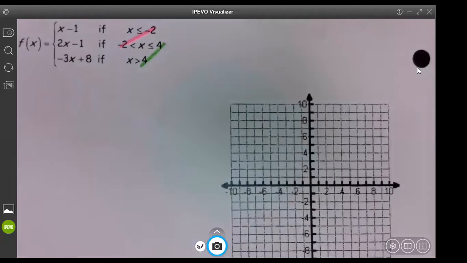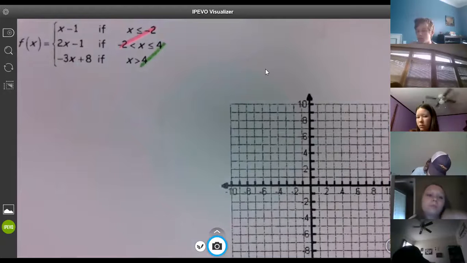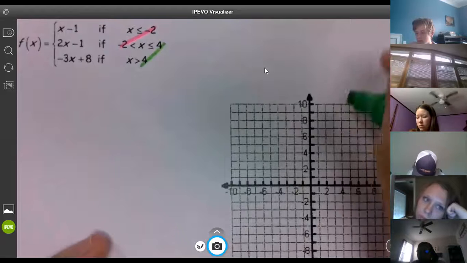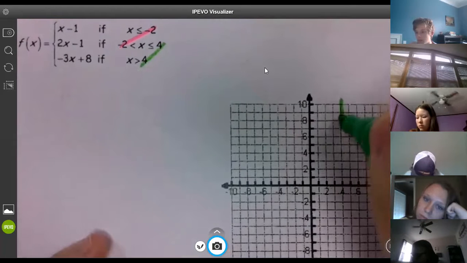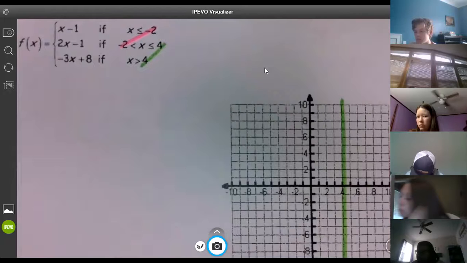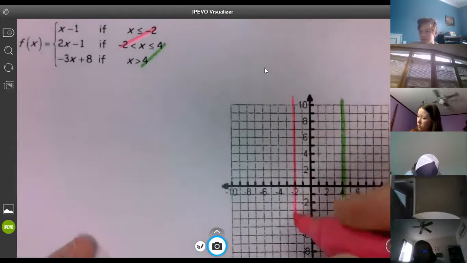That means there's just going to be 2 boundaries. That's it. Okay. Any questions about that? All right. So my 2 boundaries are at -2 and +4. And I'm going to keep them the same colors. And graph.